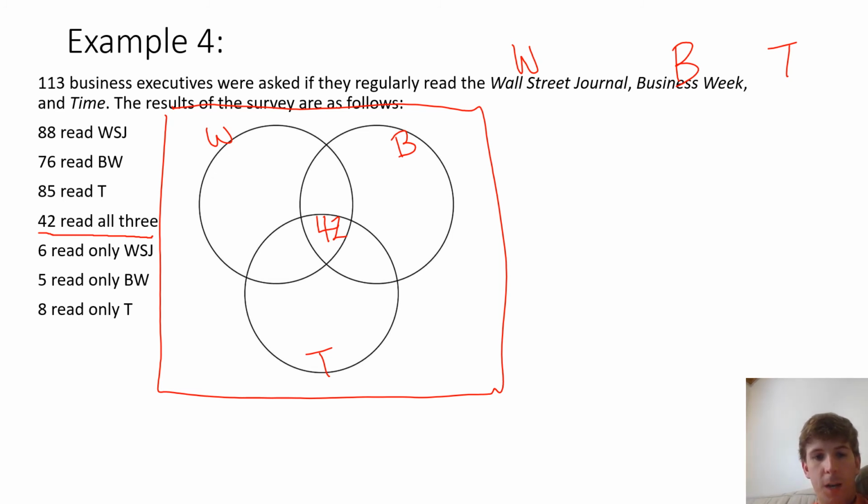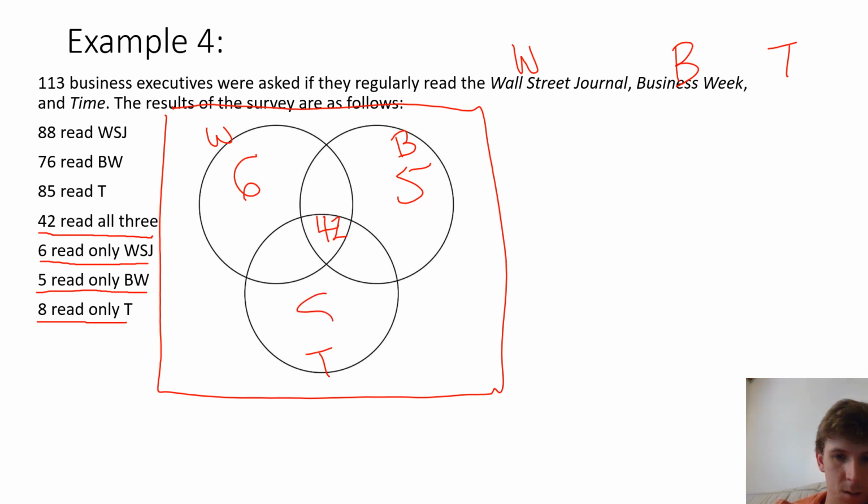For this section here, for the W, that's the people that only read Wall Street Journal. So that's just 6. The 5 only read Business Week, so that would be this section here. And 8 only read Time Magazine. That's this section.